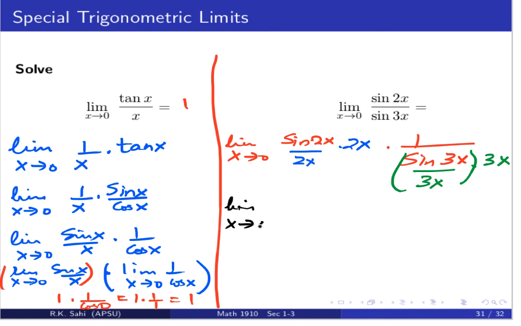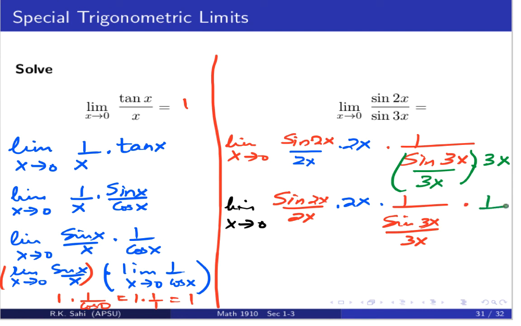Limit x approaches 0. We have sine 2x over 2x times 2x, now that was the one we added, times 1 over sine 3x over 3x, and I can write this as times 1 over 3x.